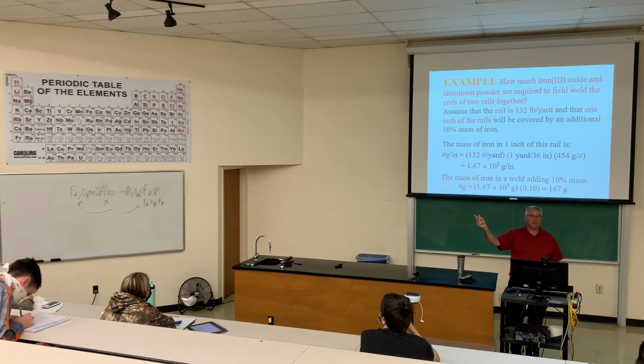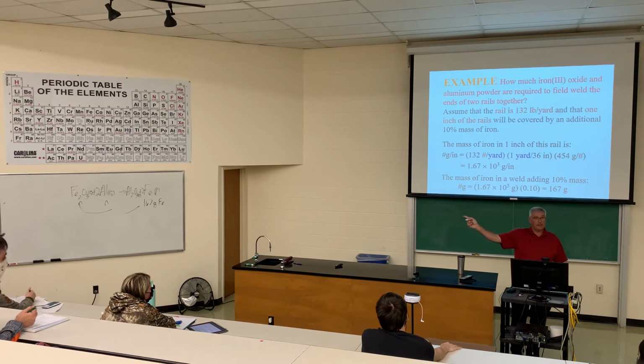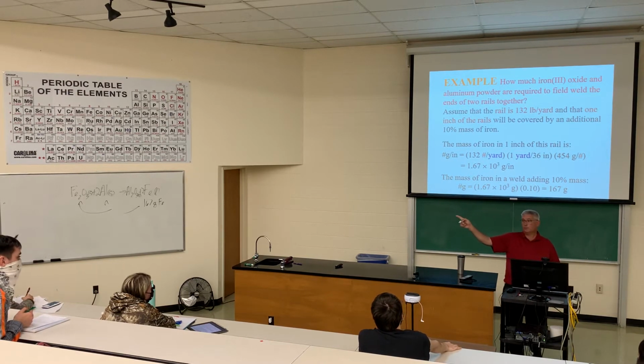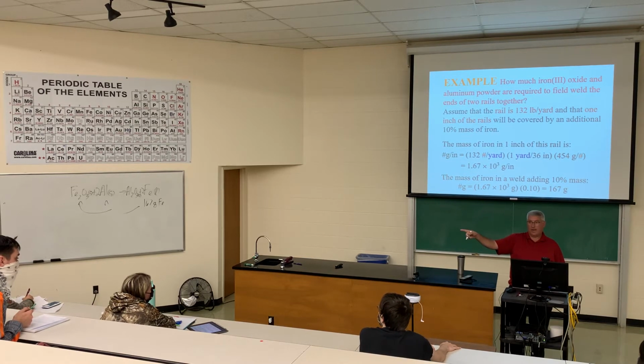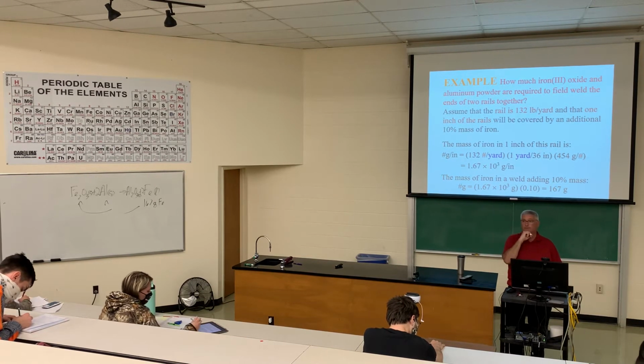You've got grams of A. You're going to convert it to moles of A, and then from moles of A to moles of B, and then from moles of B to grams of B. And you're going to do that twice. You're going to do it once for the aluminum and once for the iron oxide. So you have two calculations to do here.